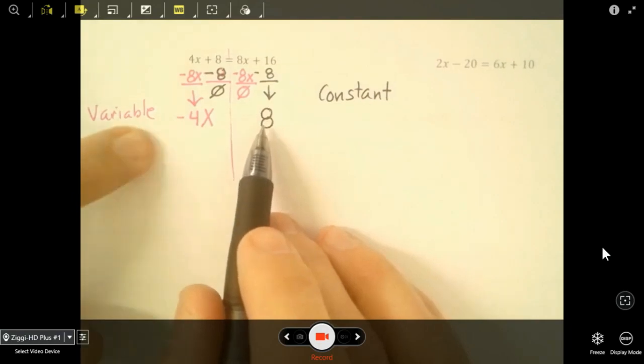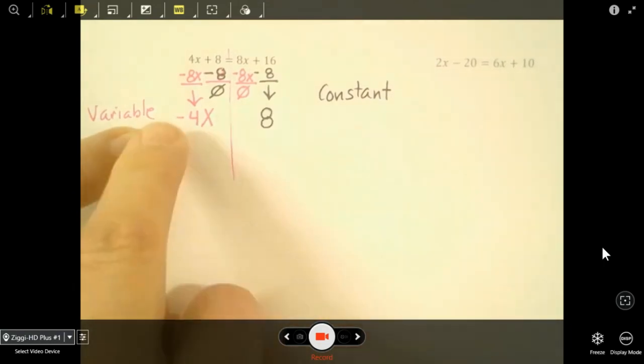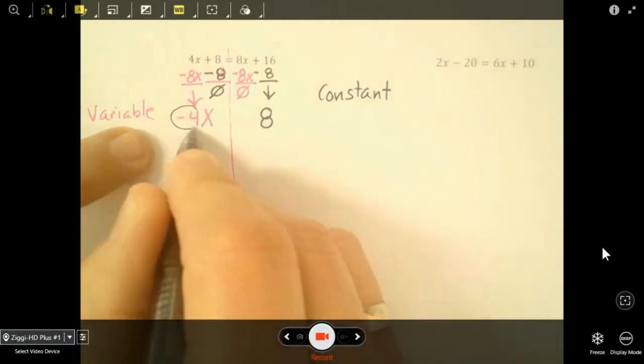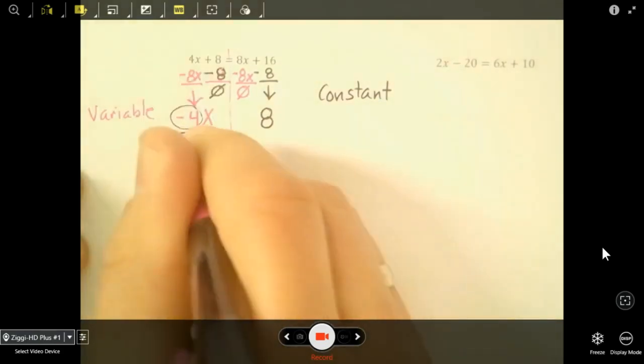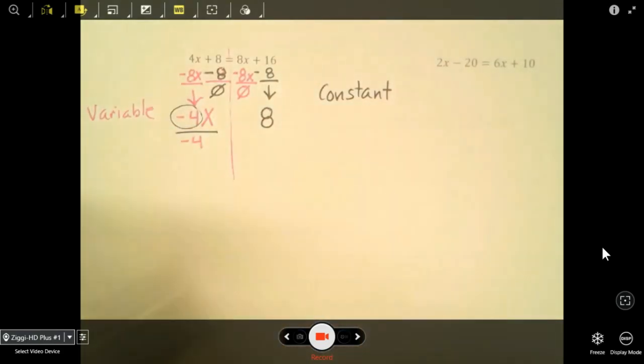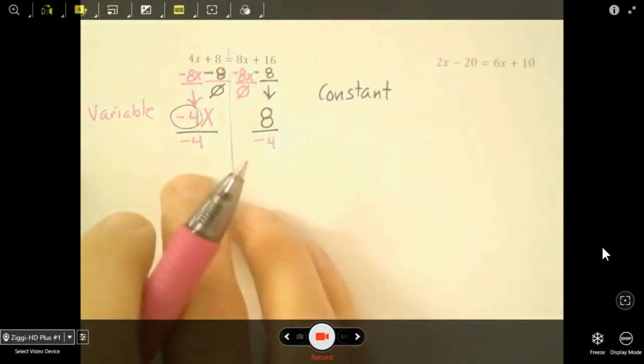So all my variables are on the left, all my constants are on the right, and my final step is to divide by this coefficient of 4. So I'm going to do the division. I'm going to divide by negative 4. I'm also going to divide the other side by negative 4 so we can keep the equation balanced.